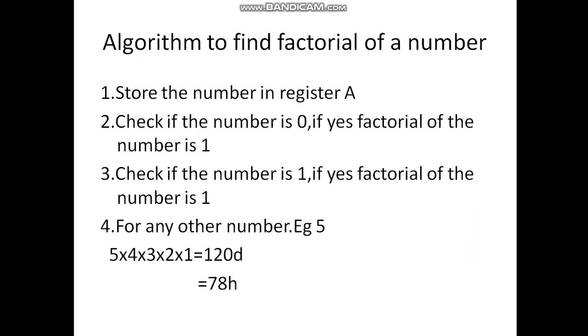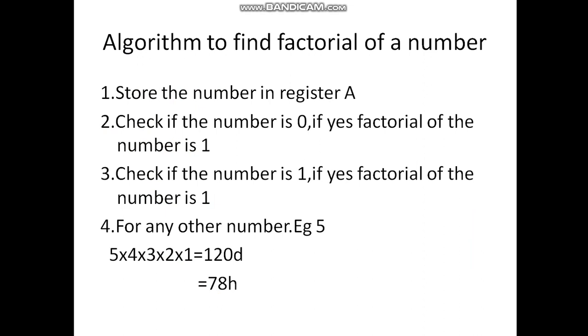Okay, so we have to know the logic for finding the factorial of a number. We know that 0 factorial is 1 and even 1 factorial is 1. Suppose the inputs given are 0 or 1, then directly the output can be written as 1. Suppose we take any other number other than 0 and 1, let us see how to find the factorial.